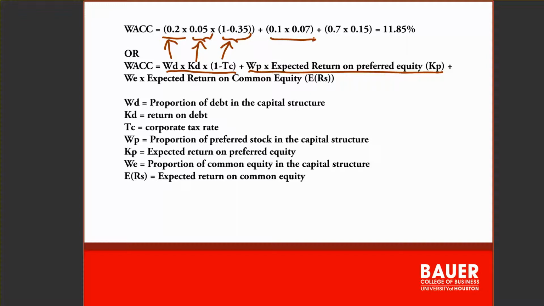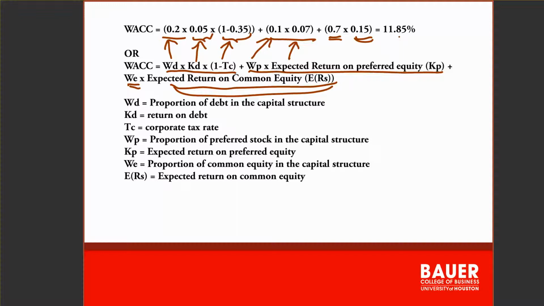It was 10% preferred stock, and the expected return on that was 7%, based on the information from that example, where the preferred stockholders were going to be paid 7% in dividends. And the remaining 70% was the weight on common stock, which is this. This expected return on common stock was going to be 15%. Okay, that was given to us.